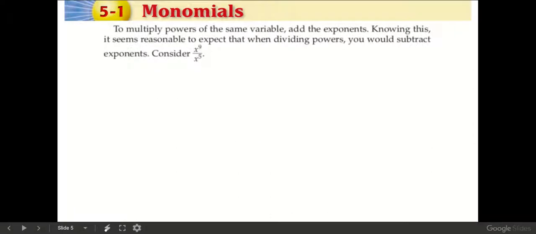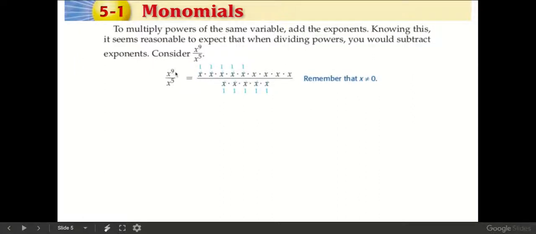So to multiply powers of the same variable, add the exponents, right? Knowing this, it seems reasonable to expect that when we're dividing powers, you should subtract the exponents. It's kind of the opposite, right? So if I had x to the ninth power over x to the fifth, which means divide those, I should be able to subtract the exponents.